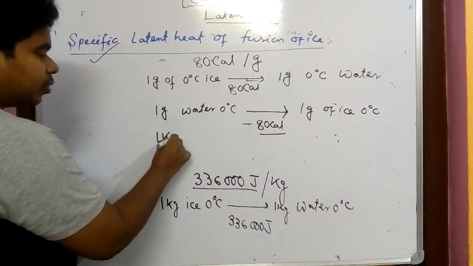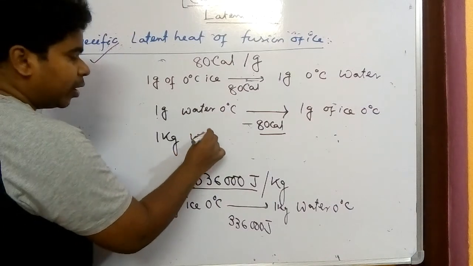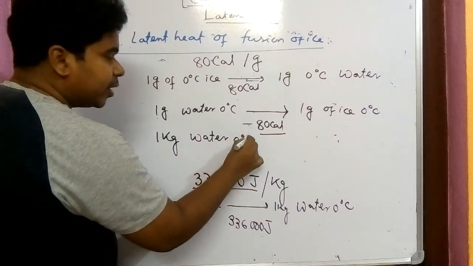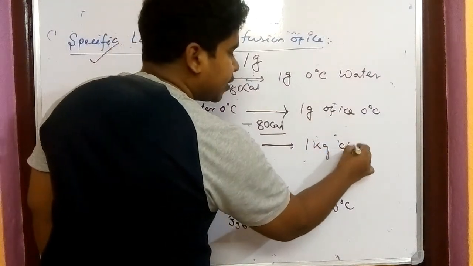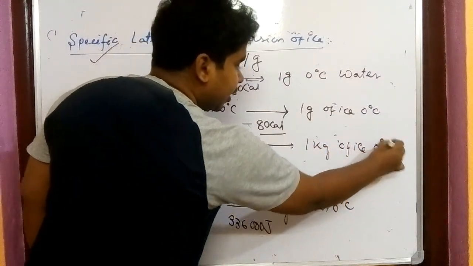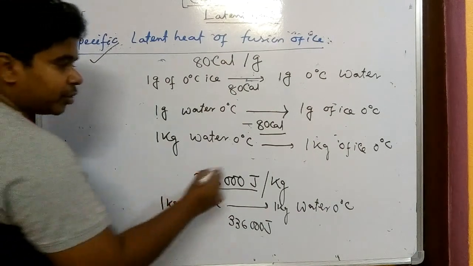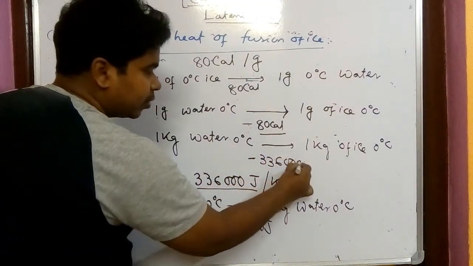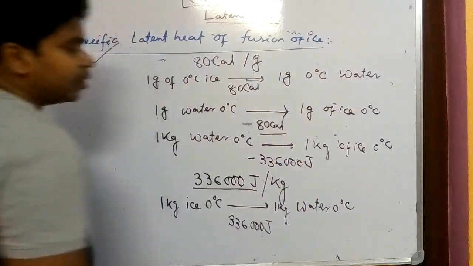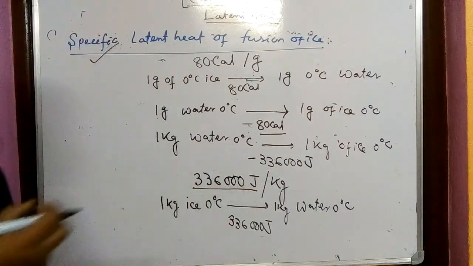Similarly, 1 kg of water at 0 degree centigrade to 1 kg of ice at 0 degree centigrade, that time how much extra heat you have to remove? You have to remove 336,000 joule.